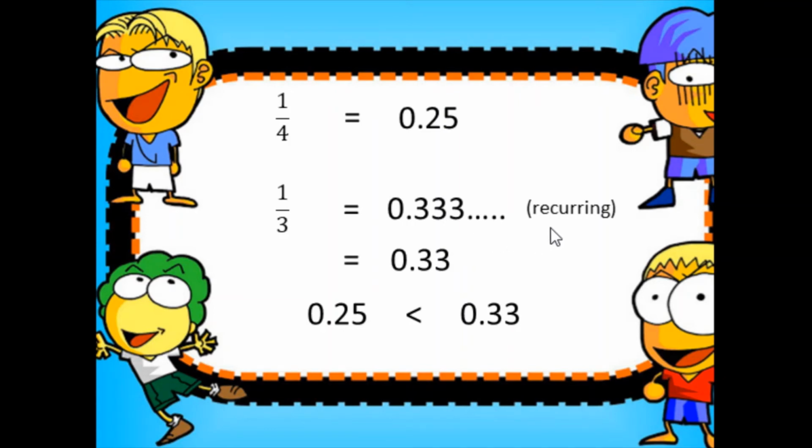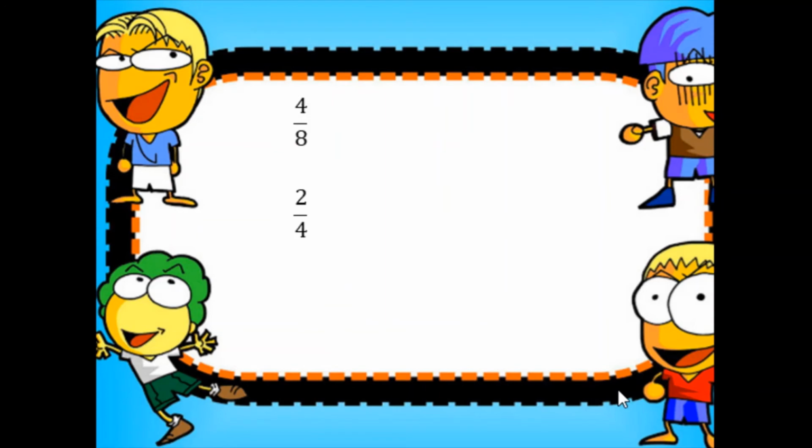Everybody say recurring. Okay, good job. And this one. 0.25 is less than 0.33.